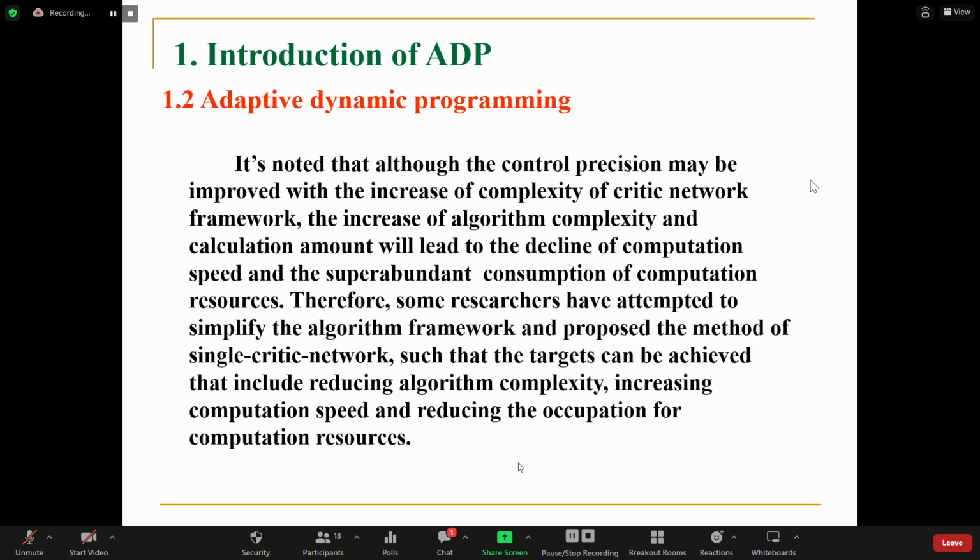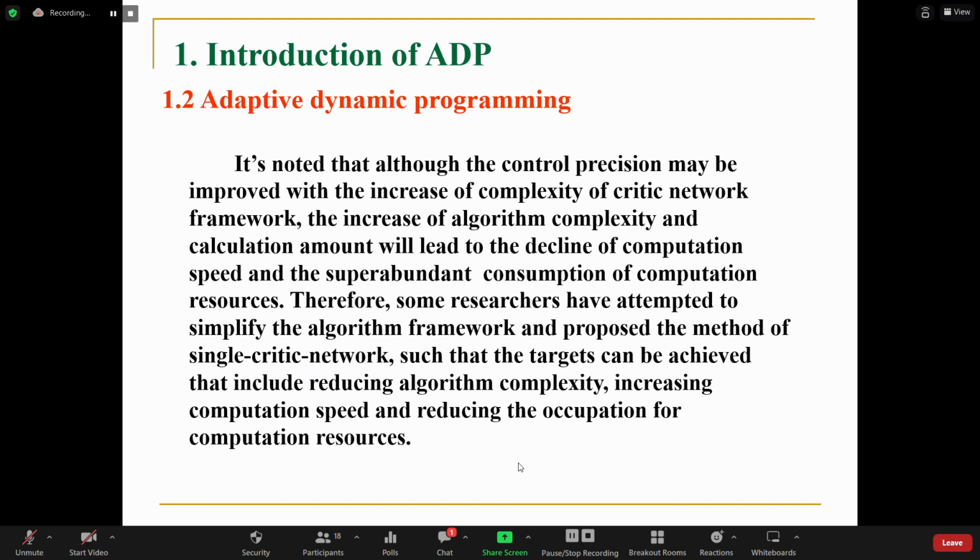It's noted that although the control precision may be improved with the increase of complexity of creating a network framework, the increase of algorithm complexity and the calculation amount will lead to the decline of computation speed and the superabundant consumption of computation resources.